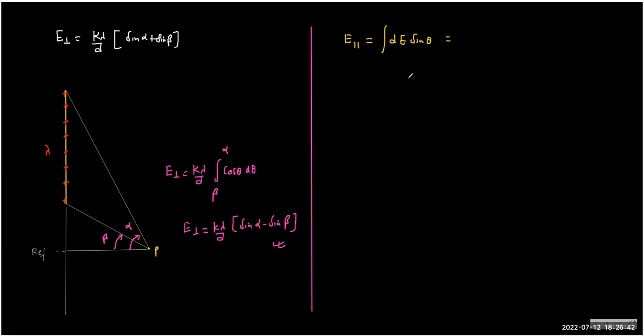In case of E parallel, there are no two cases. We have only one case, because cos of minus theta is cos theta only, right? So this we can write as dE sin theta, and dE is k lambda by d into d theta. Always remember the derivation, because it's not difficult. You can also just remember the answer. K lambda by d into d theta.